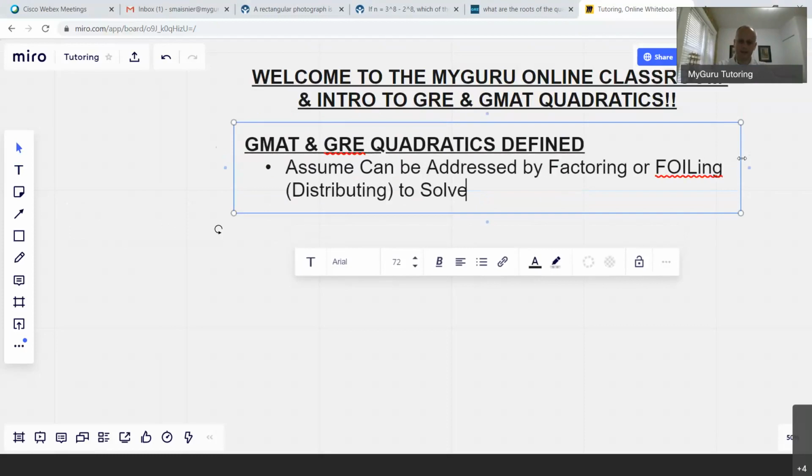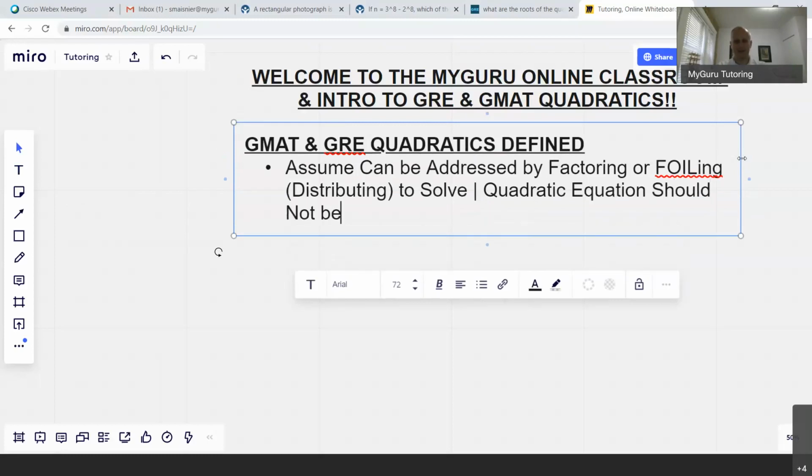And what that means is that the quadratic equation should not be necessary because it's too time consuming. We will talk about the quadratic equation here in a moment just to discuss how it can help inform an approach very high level. But basically, you want to assume that I'm not going to need the quadratic equation. I should be able to factor or FOIL to solve these things.